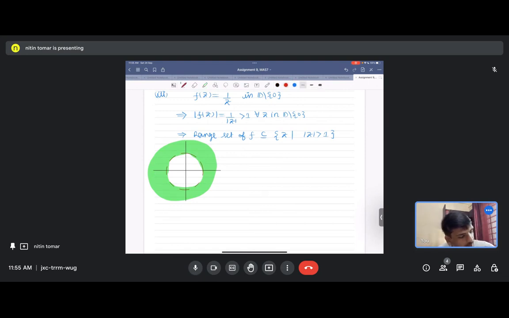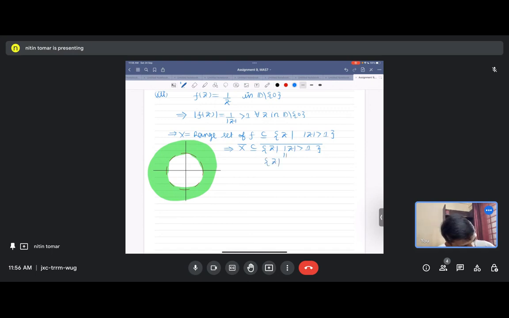Everything outside this. So this implies, if this is my X, what will be X closure? X closure will be contained in the closure of the set z such that mod z is greater than 1. But what is the closure of this set?